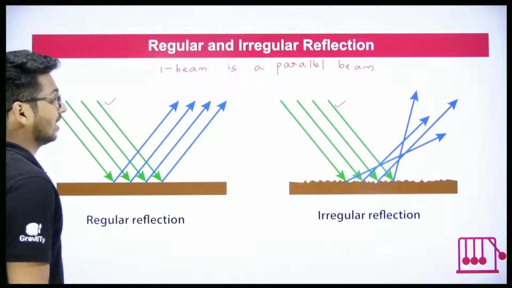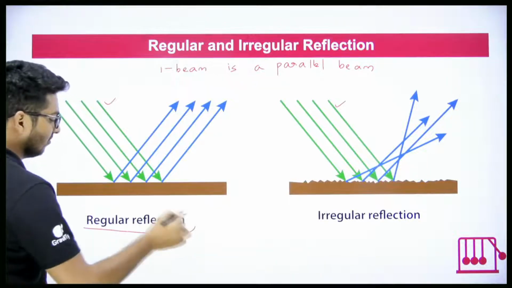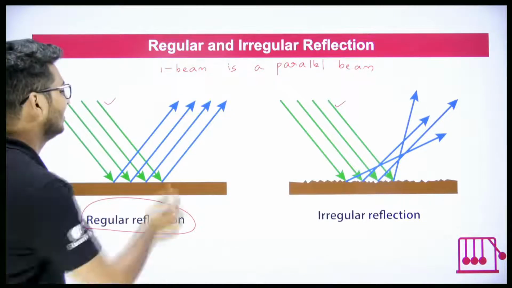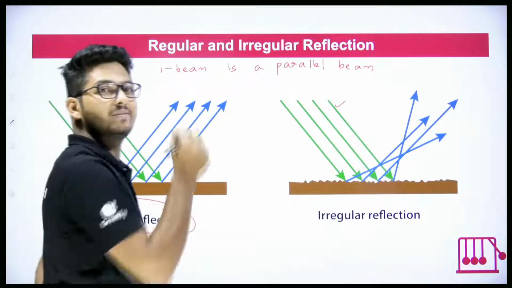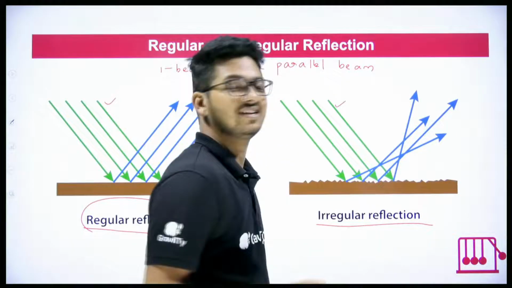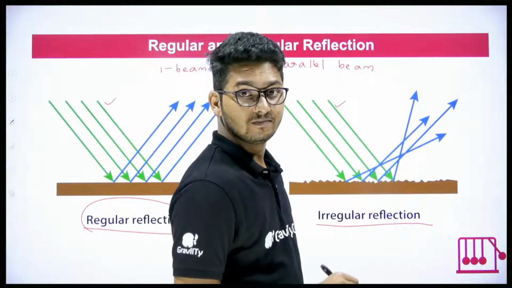But look at the reflected beam. In the case of regular reflection, the reflected beam is parallel, but in the case of irregular reflection, the reflected rays are not parallel.